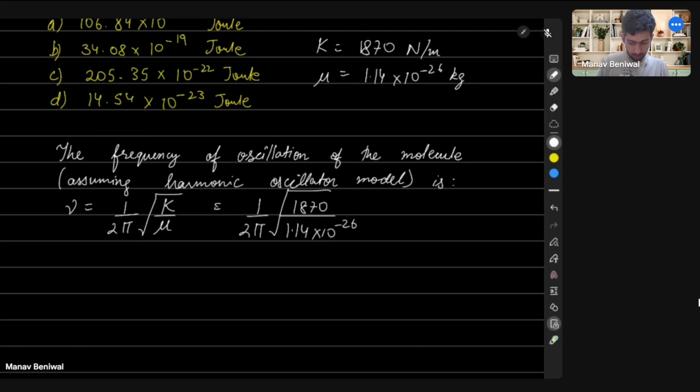So this becomes 1 over 2 pi under root 1870 divided by 1.14, and this 10 to the 13 will come up. So this much hertz. Then this nu becomes 1870 divided by 1.14.